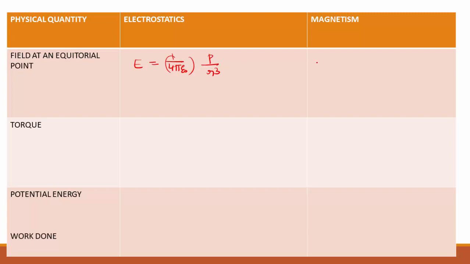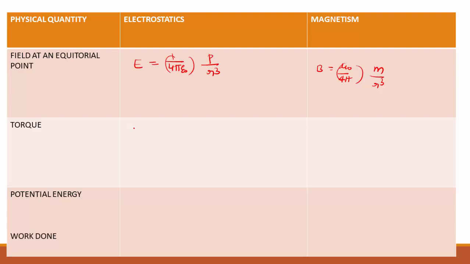For the magnetic field due to the circular loop, the axial point gives 2m divided by r cube, but at the equatorial line we get only B is equal to mu naught divided by 4 pi into m divided by r cube. There is no 2, only m, for the equatorial line.